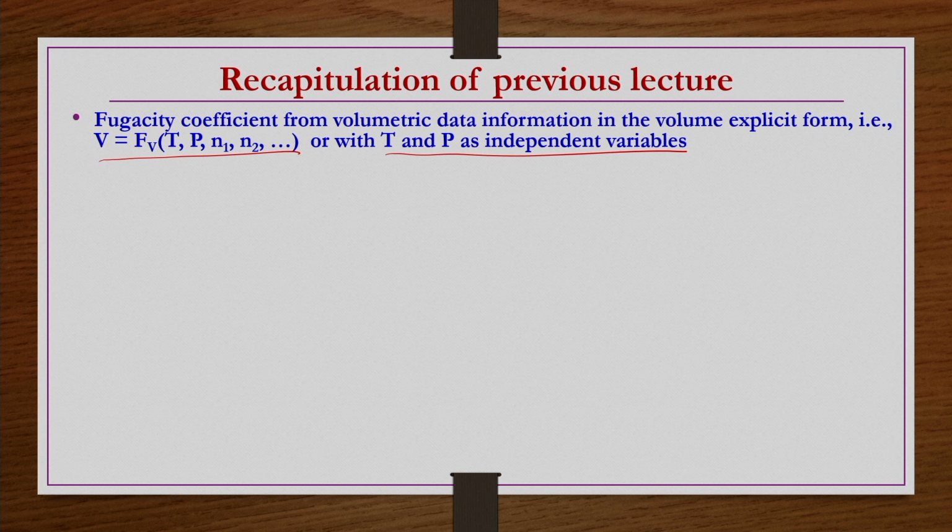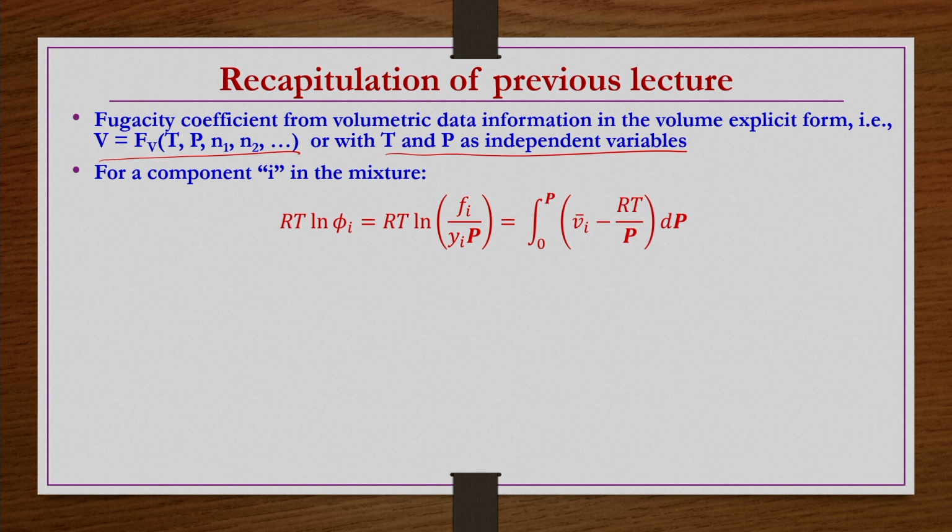And in addition to that, we have also seen how to estimate the fugacity coefficient for non-ideal systems, for a component in a mixture or a pure component, with temperature and pressure as independent variables. Then we derived that for a component i in the mixture, the fugacity coefficient can be estimated using this expression: RT ln phi equals integral 0 to P of (Vi bar minus RT by P) dP.